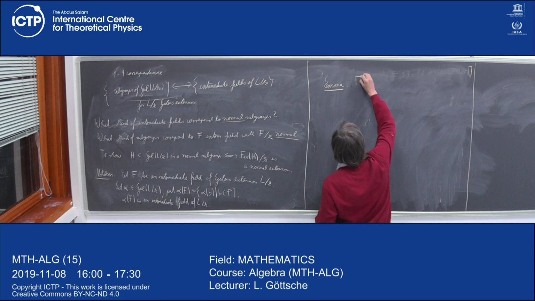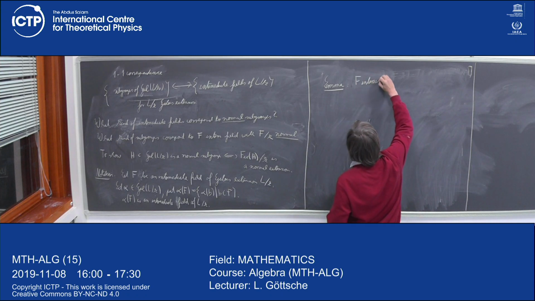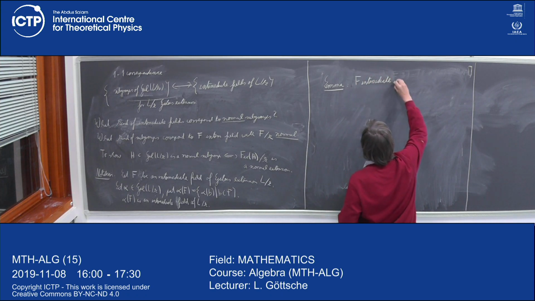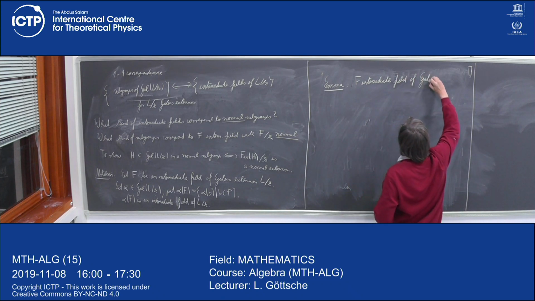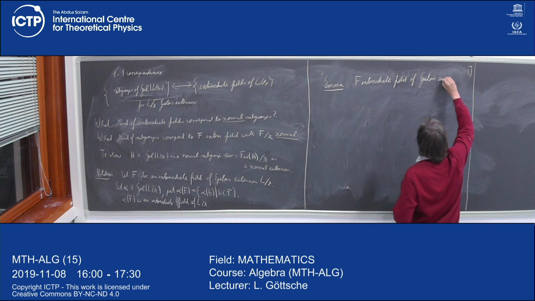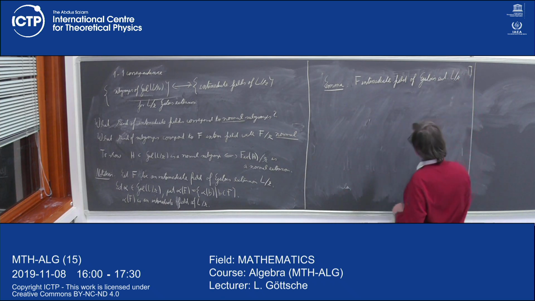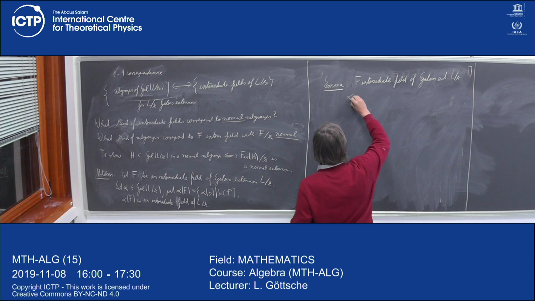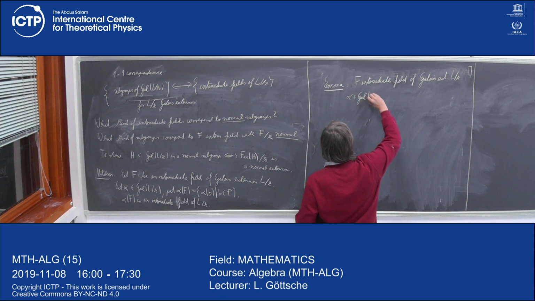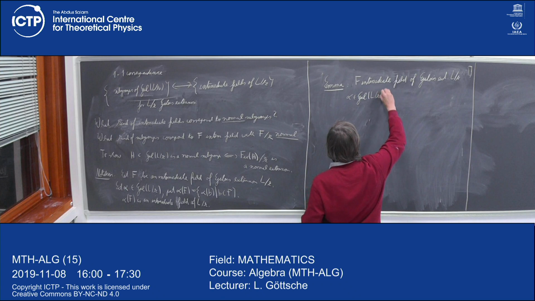Let F be an intermediate field of the Galois extension L over K, and we take again alpha, an element in the Galois group of the big extension.